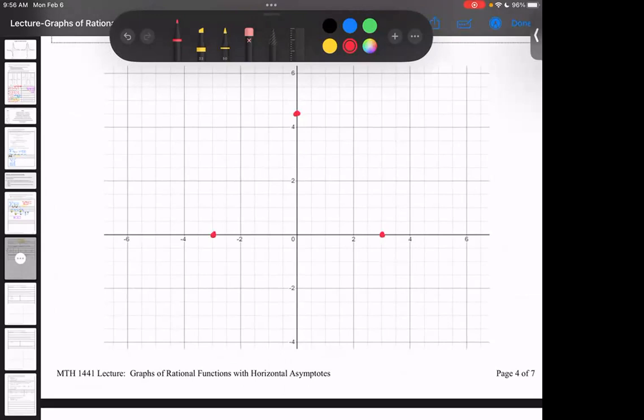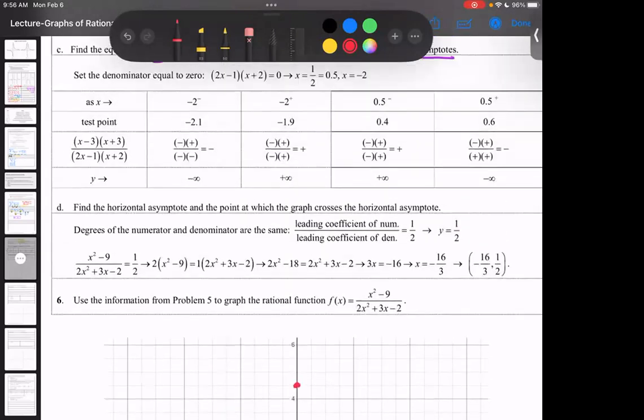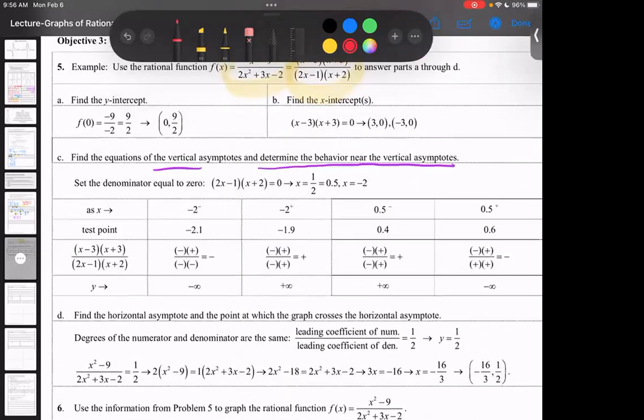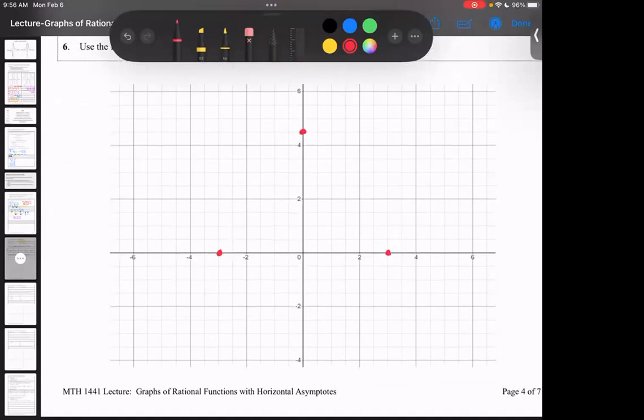Next step, I'm going to graph my vertical asymptotes and horizontal asymptote. So do the easy thing first. The vertical asymptotes are x equals 1/2 and x equals negative 2. I suggest you use dashed lines because in reality, there's no physical vertical asymptote on the graph.